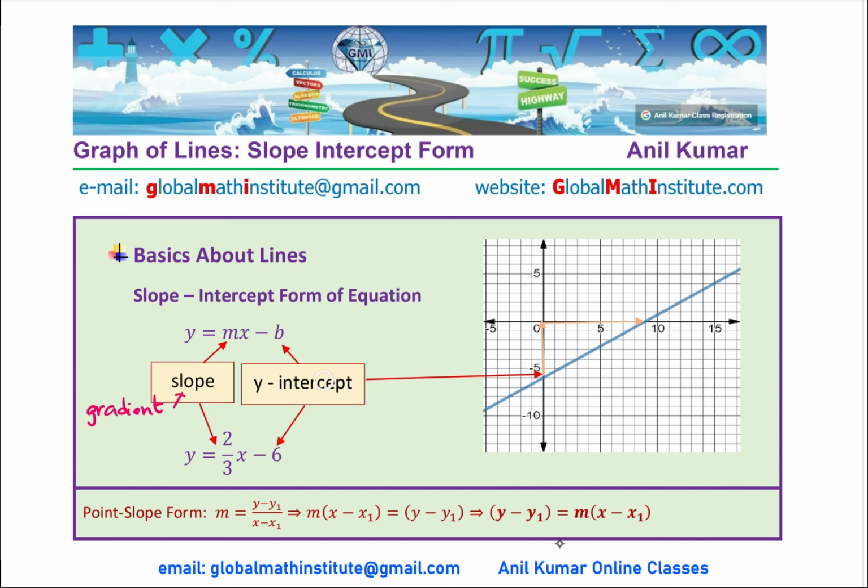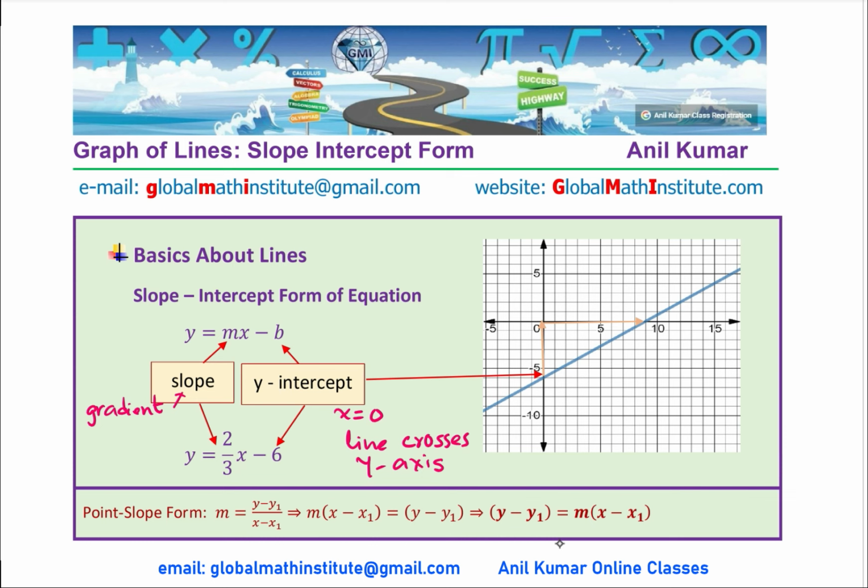And b is the y-intercept. Y-intercept means x is equal to 0. Then the value of y is the y-intercept, where the line crosses the y-axis, intercepts the y-axis.